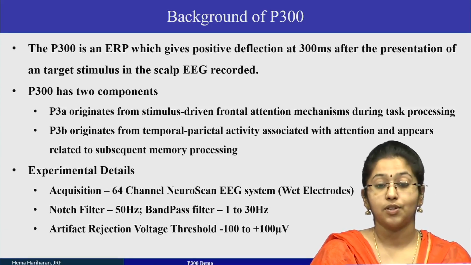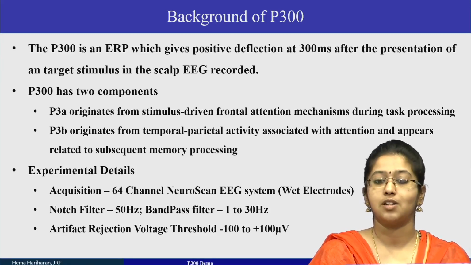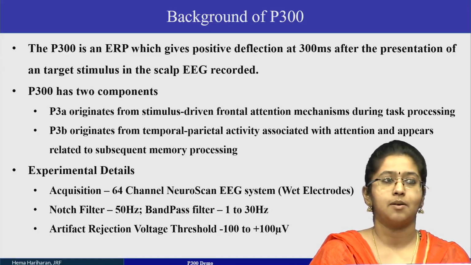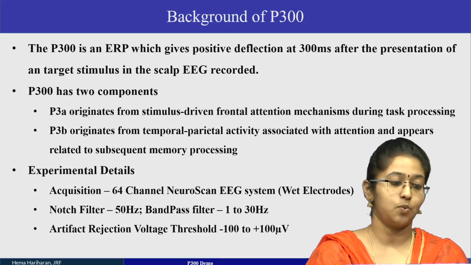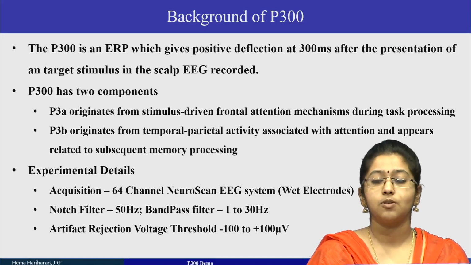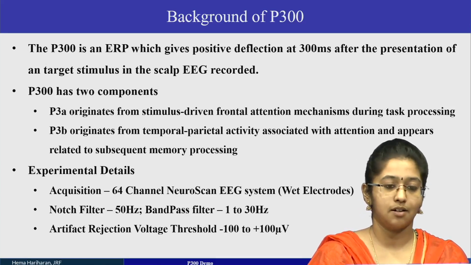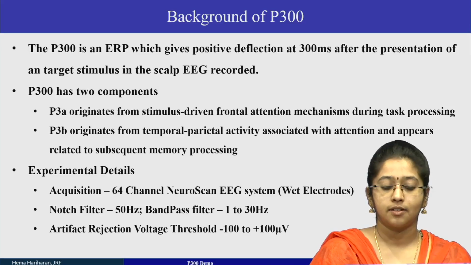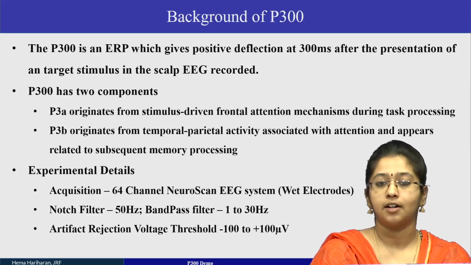As I told you, there will be three stimuli basically. One is the standard. In the experiment we have conducted here, we used a 4 centimeter blue colored ball as the standard. Then we give a distractor as well as a target.